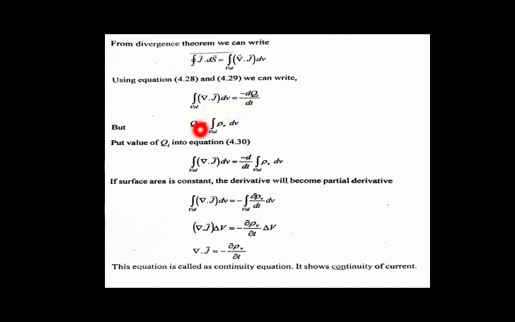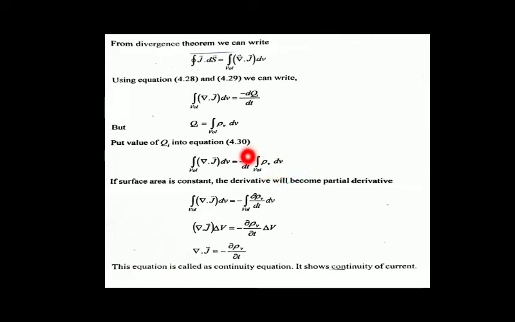But Qi is equal to the volume integration of the volume charge density, where rho v is the volume charge density. So putting this equation in, the volume integration of del dot J dv equals minus d by dt of the integration of volume charge density rho v dv.